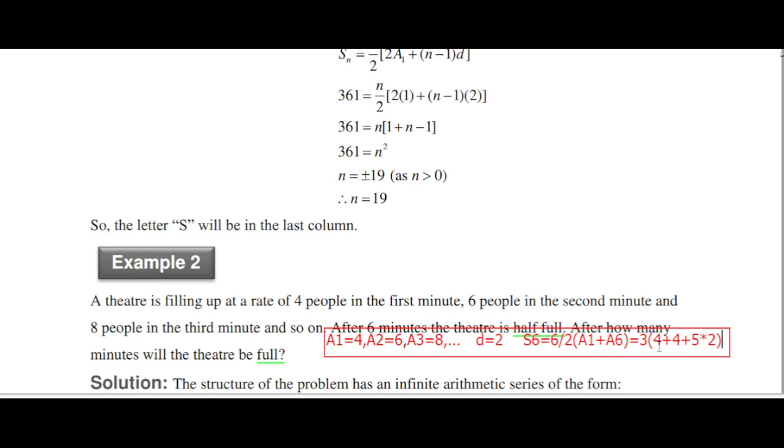So S6 is equal to 3 times 4 plus 4, 8, plus 5 times 2, 10, which is equal to 3 times 18, which is 54. After 6 minutes, the theater is half full. This is half full. After how many minutes will the theater be full? How many minutes?